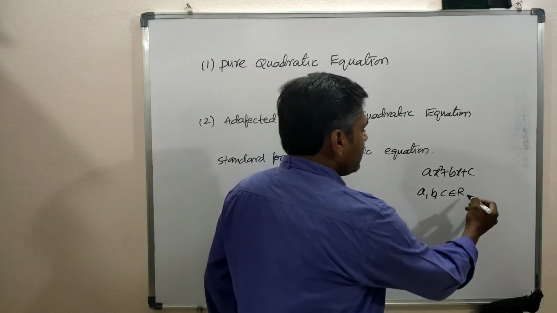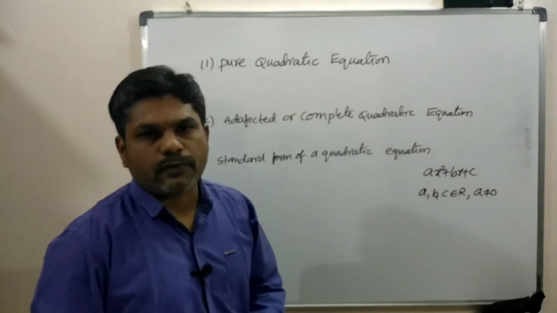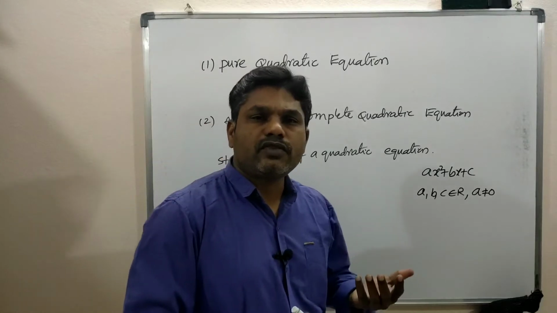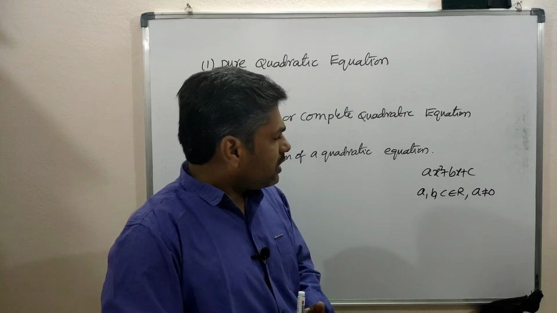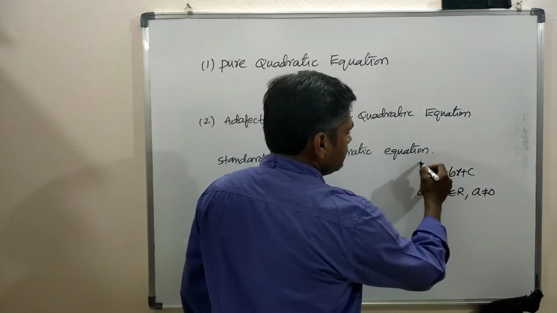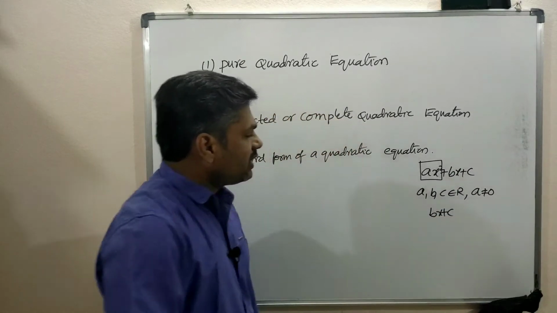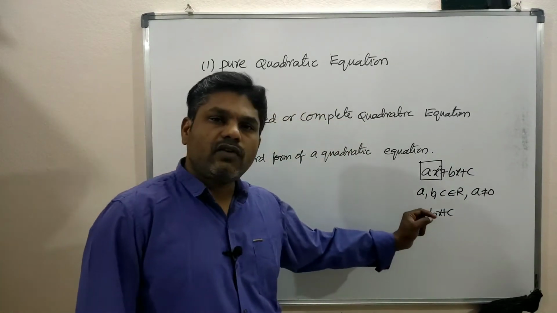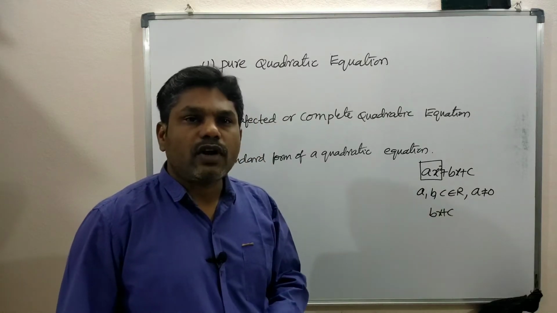And the main important point is that the value of a should not be equal to 0. If a becomes 0, then this is not a quadratic polynomial, it becomes a linear polynomial. That means you will have only bx plus c, which is nothing but a first degree polynomial, and it is called a linear polynomial.